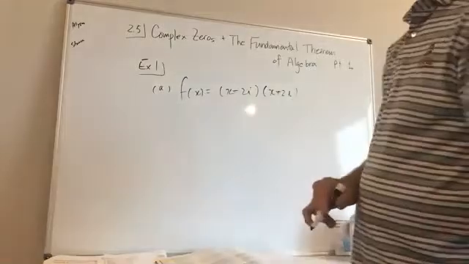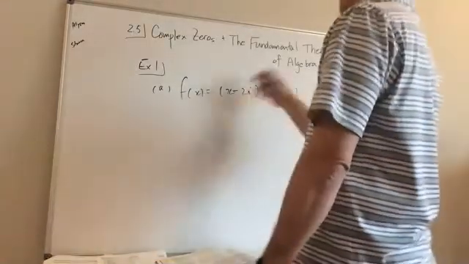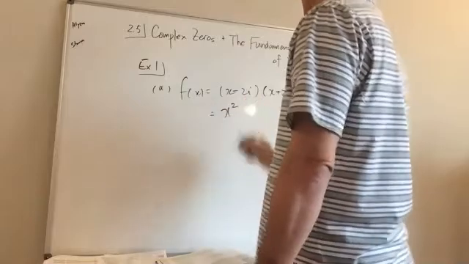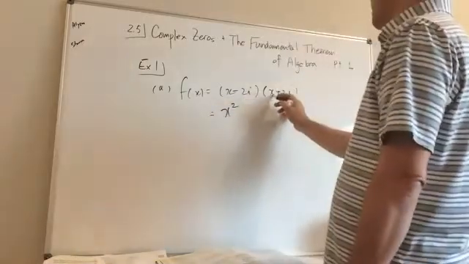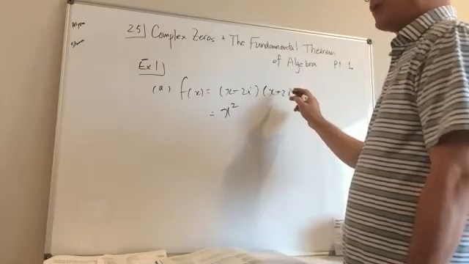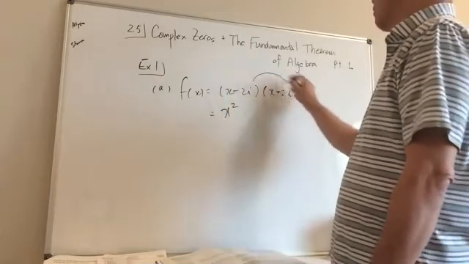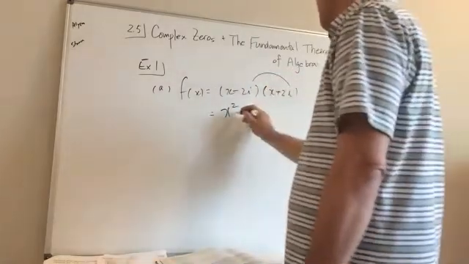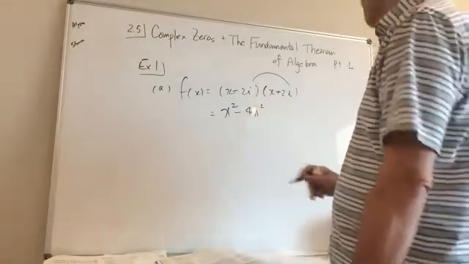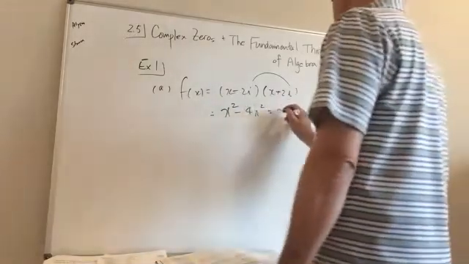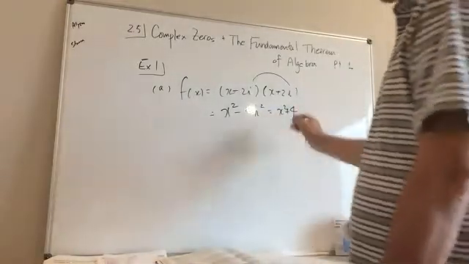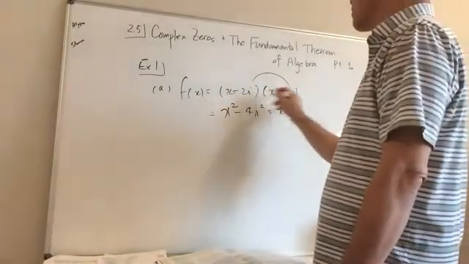Okay, we're just gonna do them out, right? So I'm gonna get x squared, and here I get minus 2ix, and here I get plus 2ix, so they're gonna cancel out. So I'm not gonna write them. And then if I multiply these two, I get minus 4i squared, where i squared is minus 1. So this becomes x squared plus 4. Okay, so x squared plus 4 factors out in this fashion, is what it's saying.